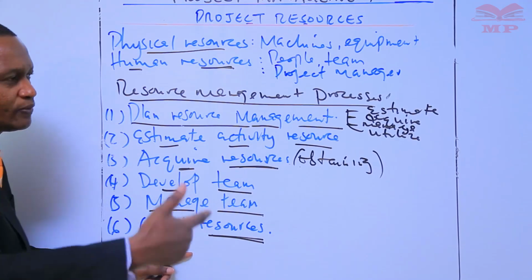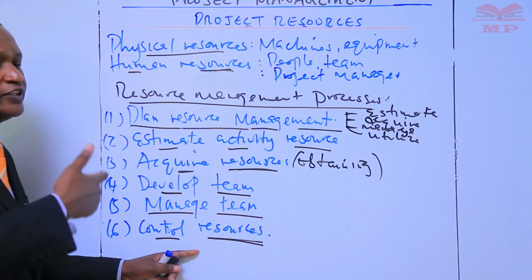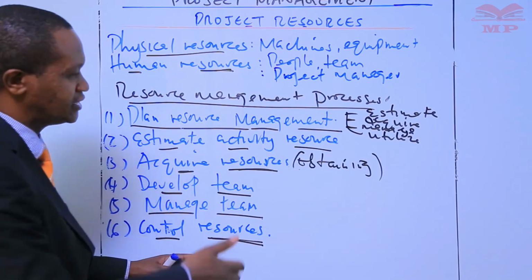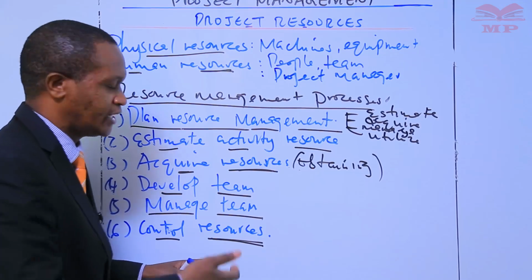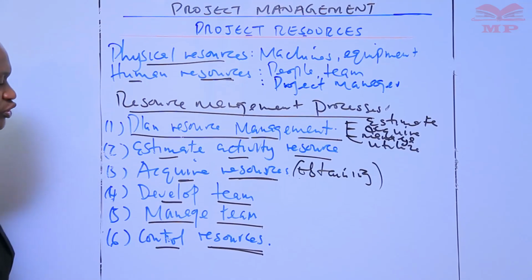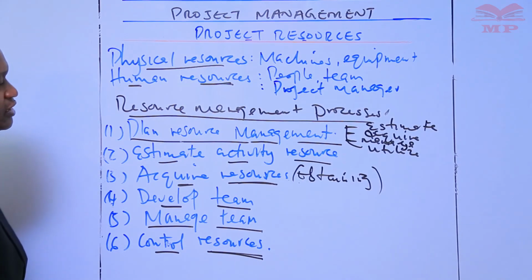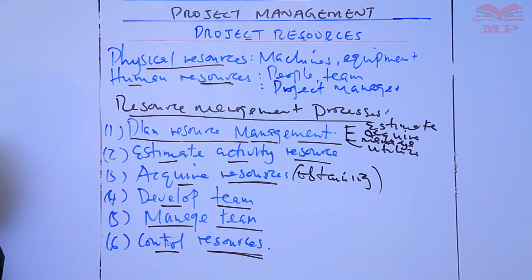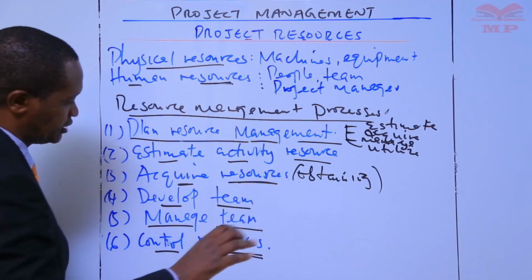So the control of resources is concerned with physical resources such as equipment, material, facilities, infrastructure, and so on. Controlling of resources is a very critical process in the project resource management process.